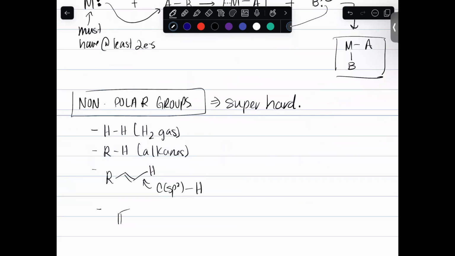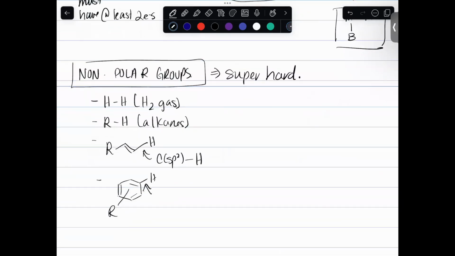or aromatic systems. Now, if you remember from Chem 124 and Chem 24, carbon and hydrogen have very similar electronegativities. Okay. They're not vastly different.